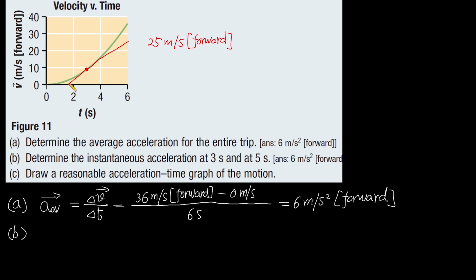At here, the velocity is 0, so minus 0 meters per second. And over, let's check this time interval, it's around 4.2 seconds, and this equals 5.95 meters per second squared forward.